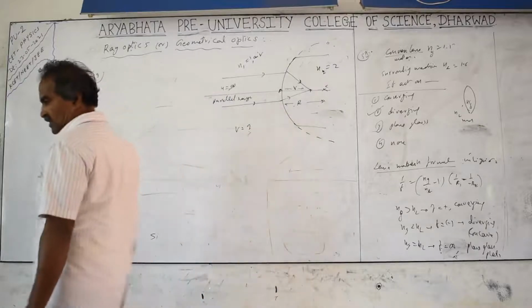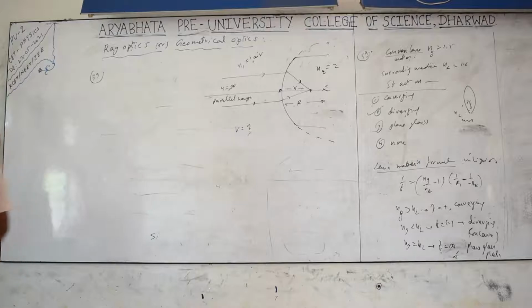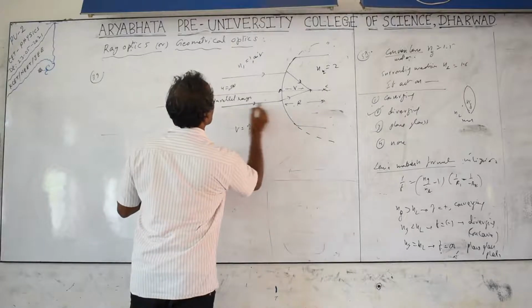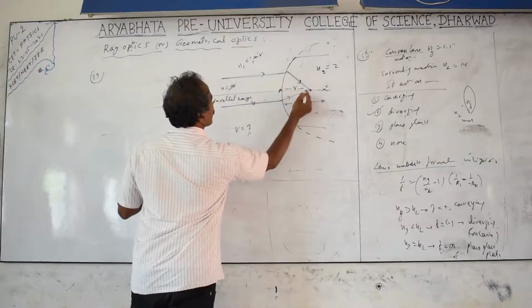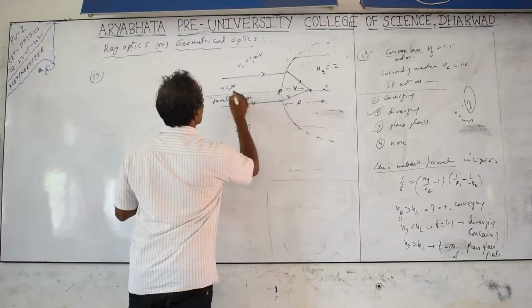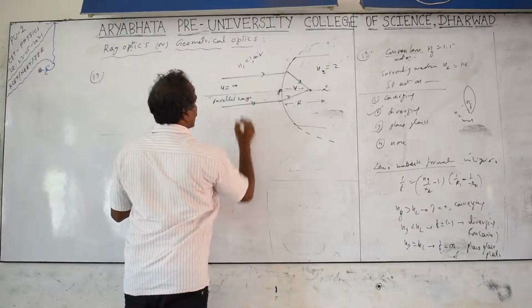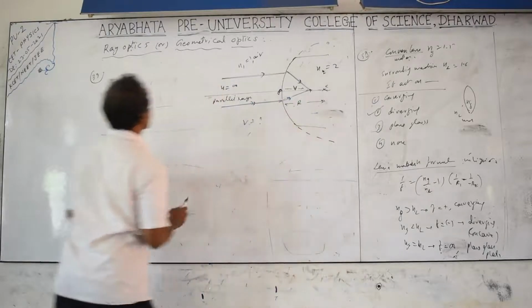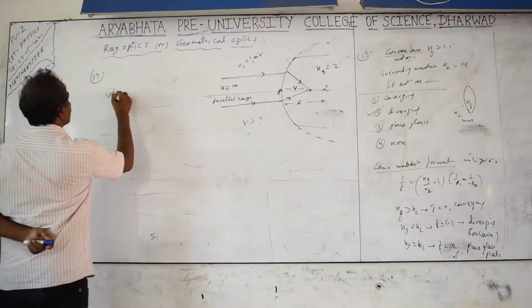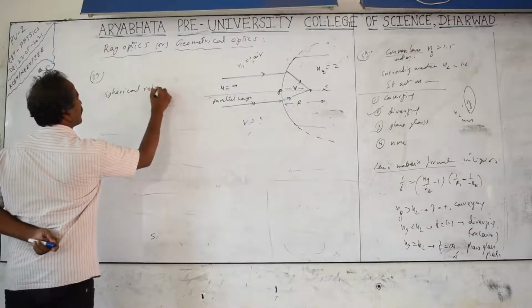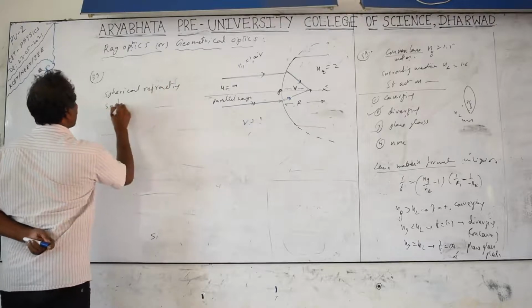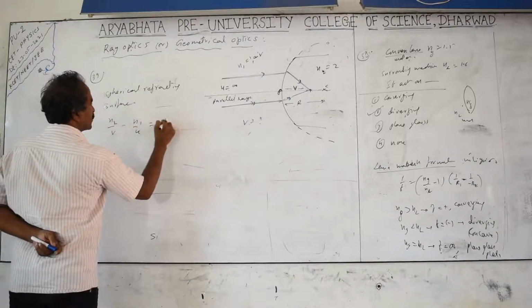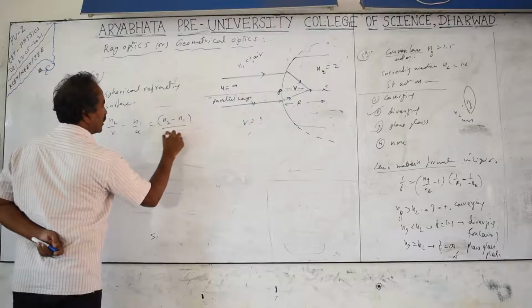For the spherical refracting surface, the formula we have is N2 by V minus N1 by U equal to N2 minus N1 by R.